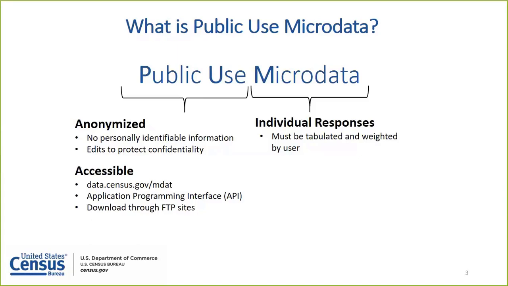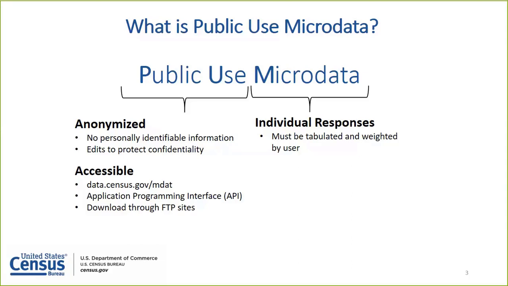We removed personally identifiable information, and then we put additional edits in place specifically to protect the confidentiality of respondents, things like top coding and bottom coding of certain variables as one example. Public use also means it's accessible in a variety of formats with free information and a suite of data user guidance to help you through this.